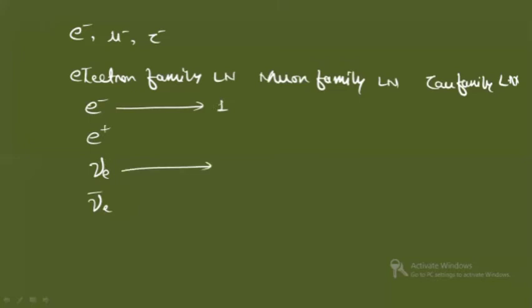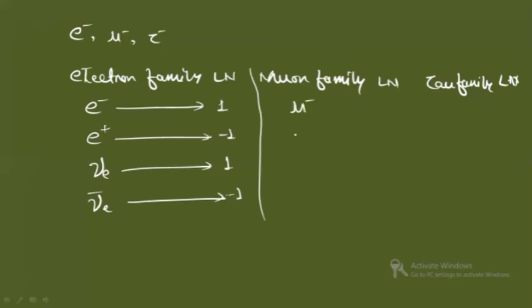The electron neutrino is also a lepton, so its lepton number is 1. Antiparticles have lepton number opposite to that of the particle. The antiparticle of the electron has lepton number -1, and similarly the antineutrino also has -1.